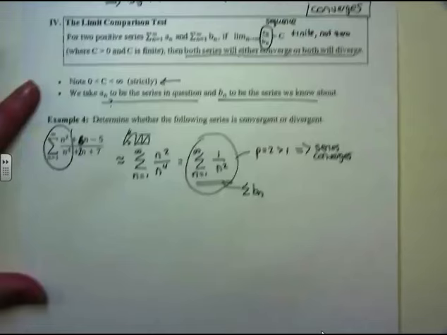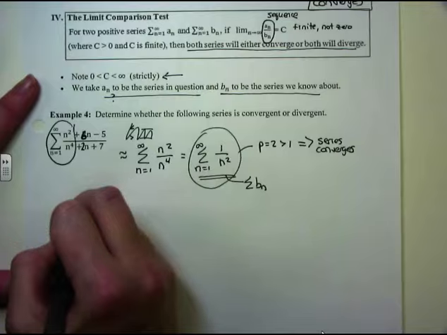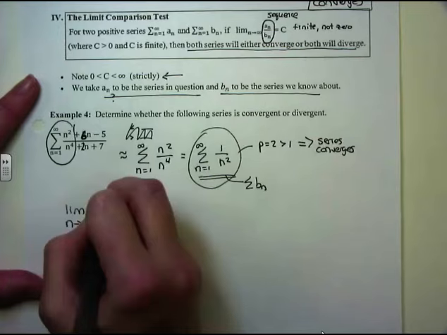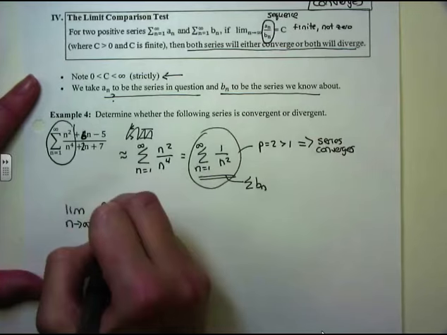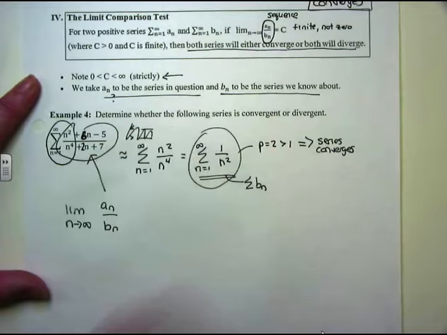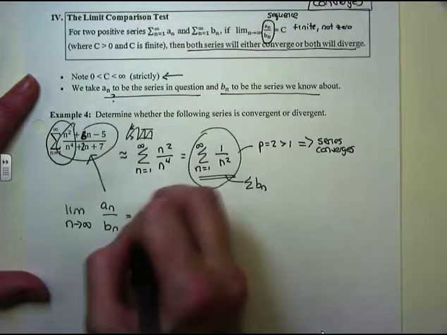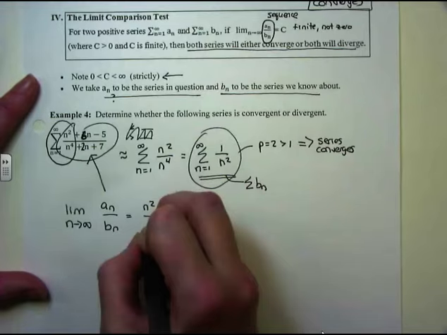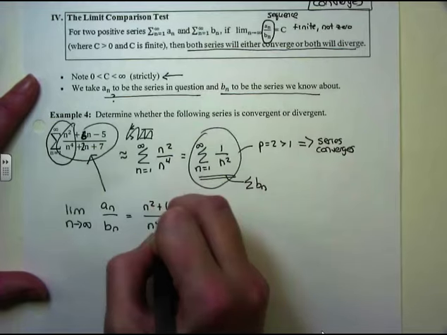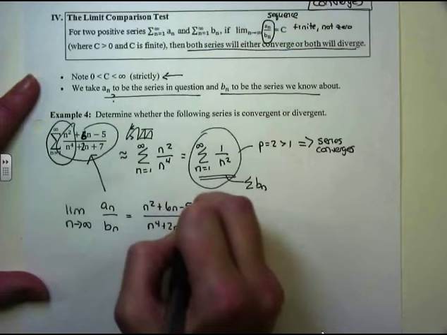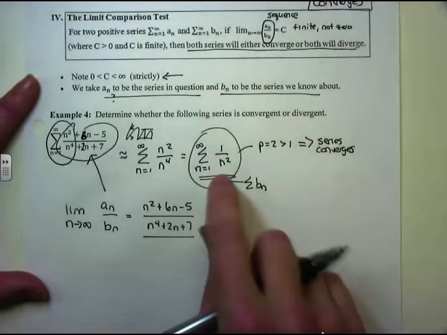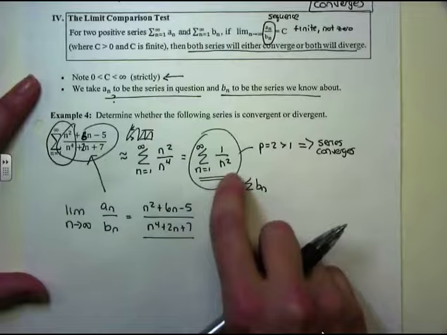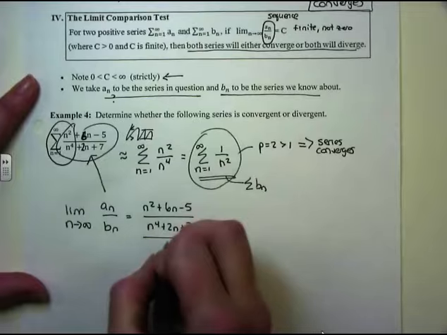The limit comparison test says I want to look at the limit as n goes to infinity of AN over BN. AN is the sequence inside the series I was given, so it's this n squared plus 6n minus 5 divided by n to the 4th plus 2n plus 7. I want to divide it by BN, the sequence inside this series, which was 1 over n squared.